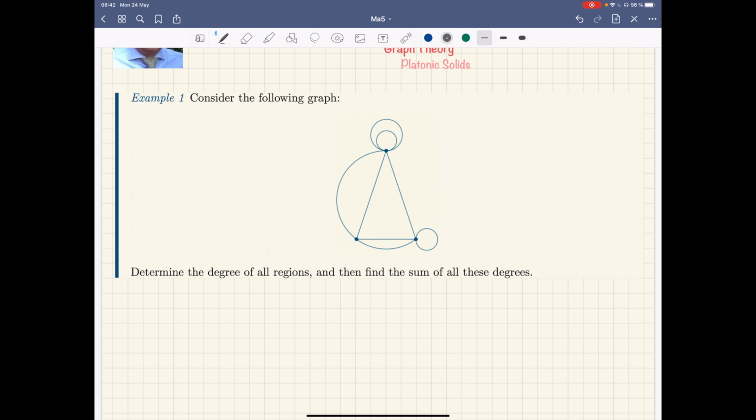This is the graph that we had in the previous session. So there is one region here, do you agree? And then there is another region here, number 2. For example, here number 3, here number 4, here number 5, and here number 6. Is there anything more? Outside, 7. So there are 7 regions for this graph.